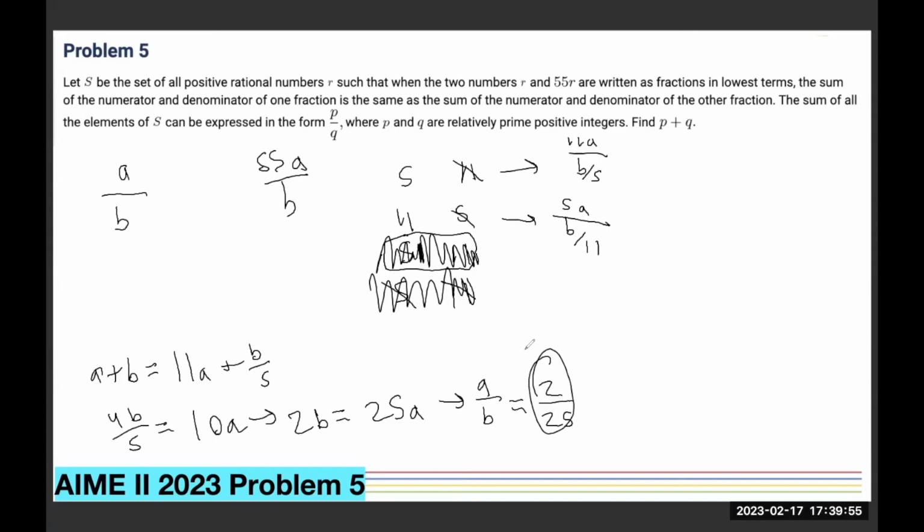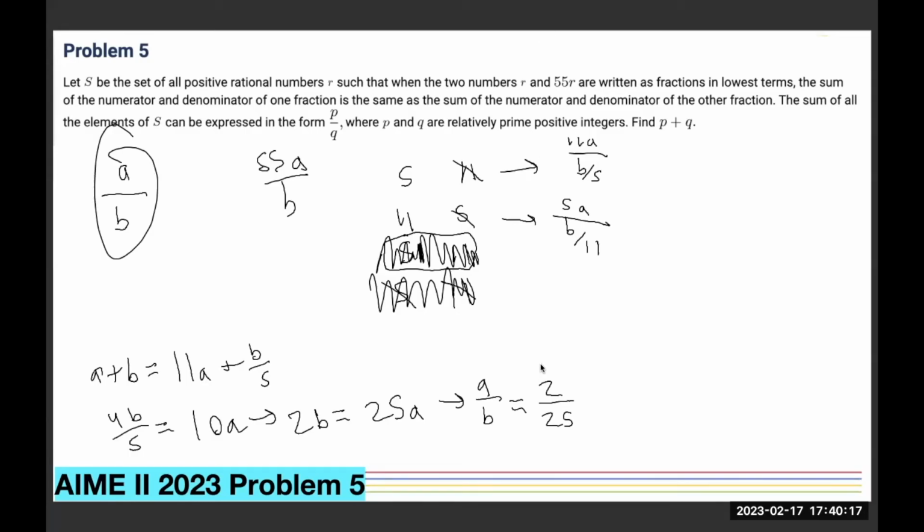If we were to divide the numerator and denominator by something, A and B would not be integers anymore. Similarly, if we were to multiply both by integers, then A and B would no longer be relatively prime, which contradicts our initial assumption that we're letting this be the relatively prime fraction representation of R.